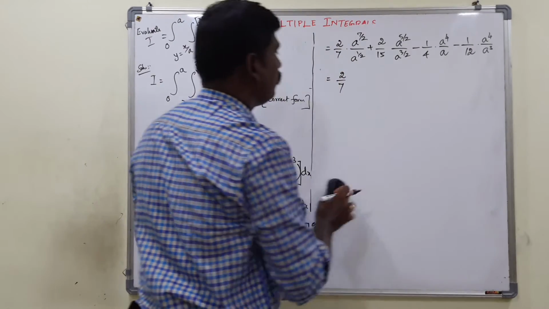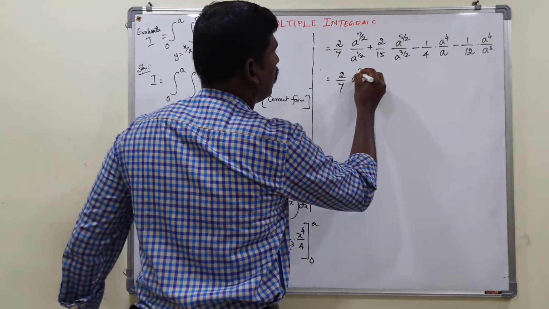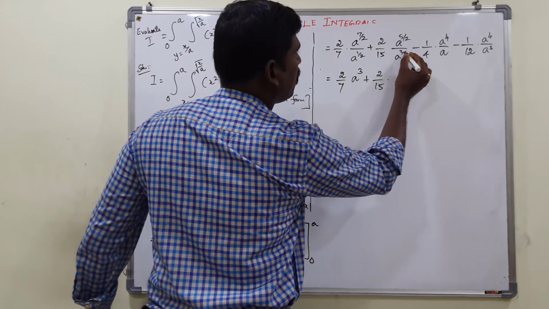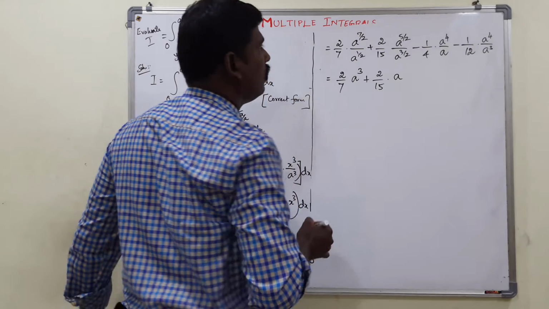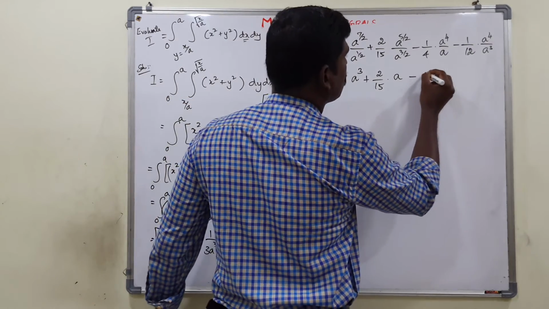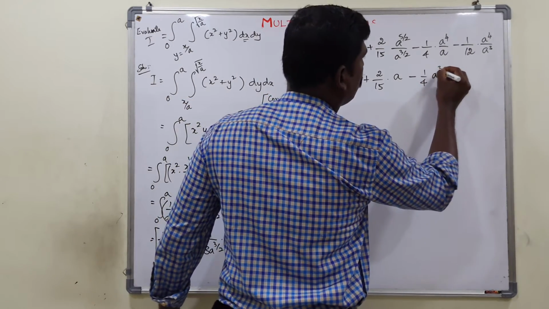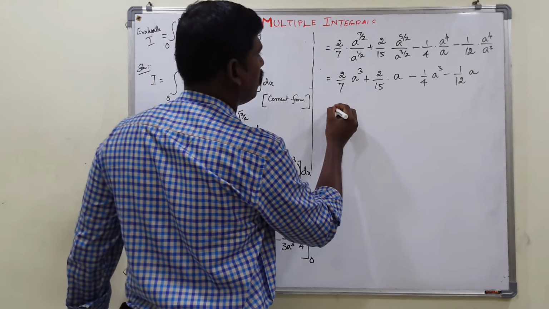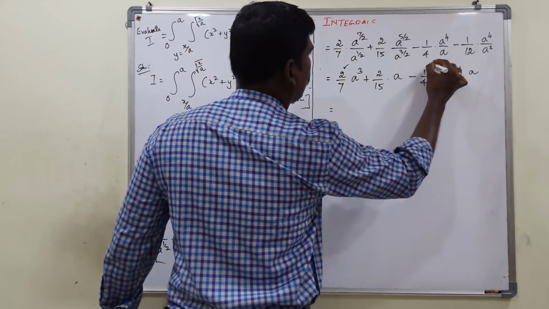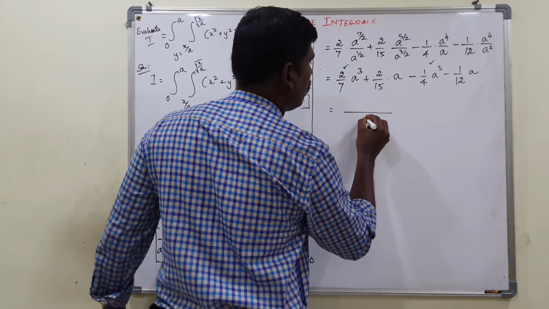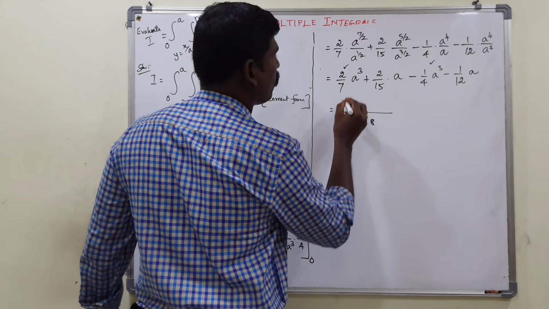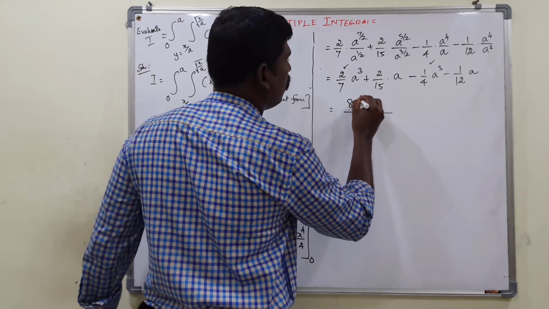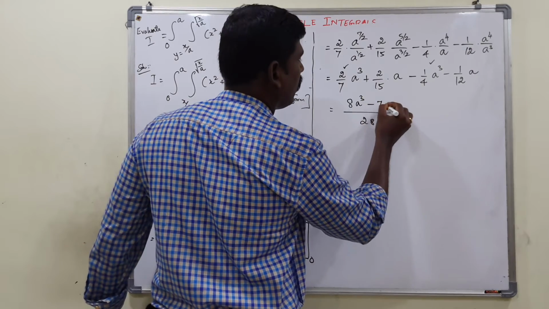So a power 3, plus 2 by 15 into 5 by 2 minus 3 by 2, that is 2 by 2, becomes 1, a to the power 1, minus 1 by 4 a cube, minus 1 by 12 a. That's all. Now we can take the LCM between a cube. So 28 is the LCM. 4 times 7 is 28. So 8 a cube minus 7 times 7 a cube.